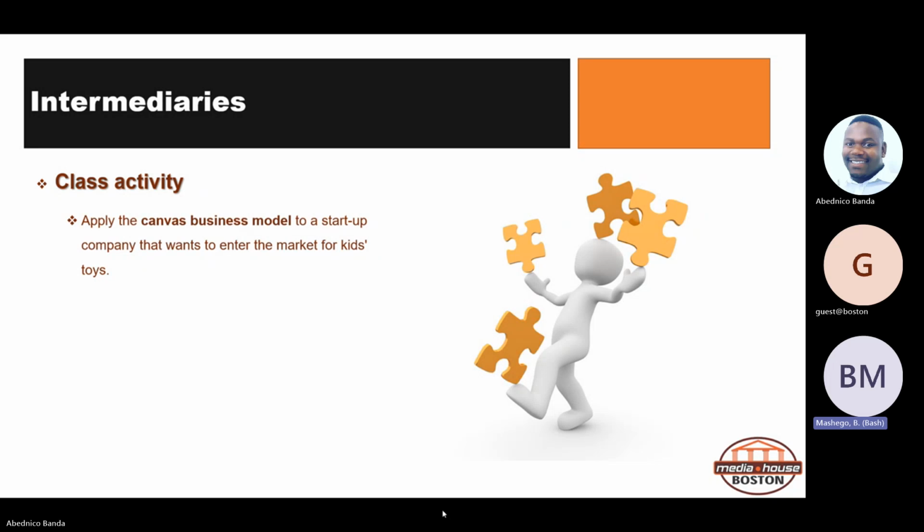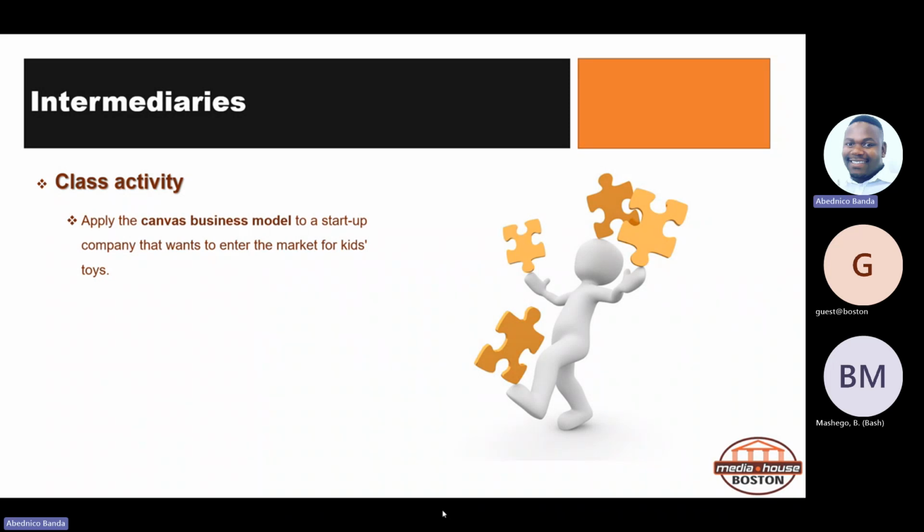And then we also learned that there are, I think, three ways of performing disintermediation. And also we learned about various ways of doing reintermediation. And then now we just learned about the Canvas business model. And so, yeah, we'll now apply it.